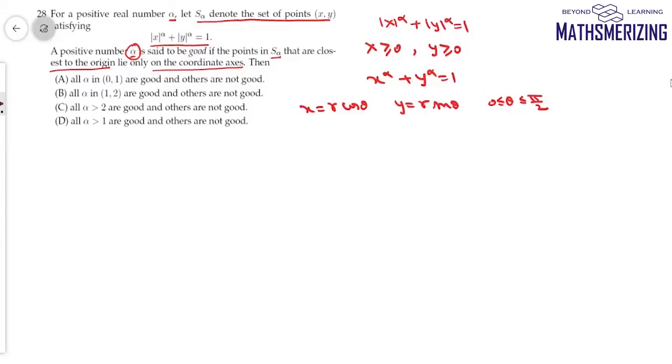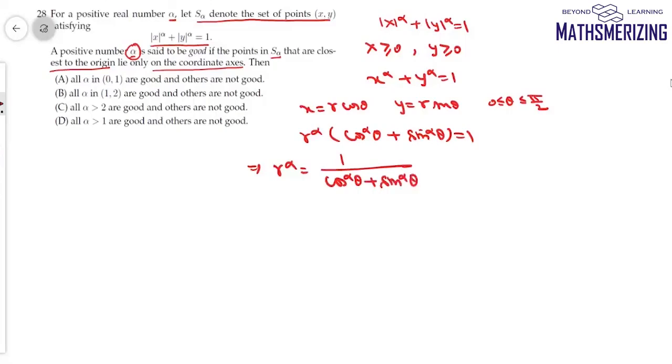So if I put the value of x and y, I'll write r to the power alpha into cos theta to the power alpha plus sin theta to the power alpha, and this equals 1. So I can write r to the power alpha as 1 upon cos to the power alpha theta plus sin to the power alpha theta. Now I need to minimize this distance r.